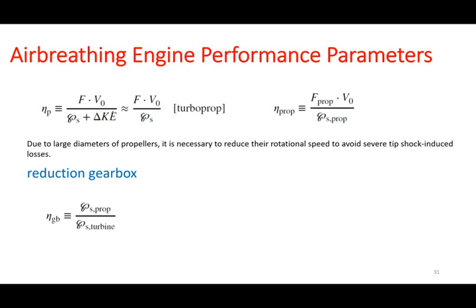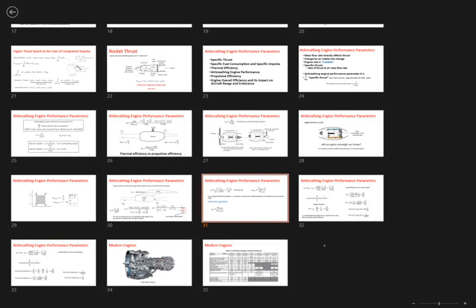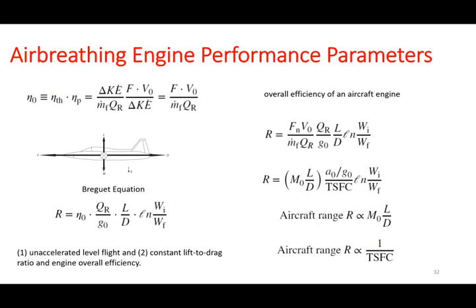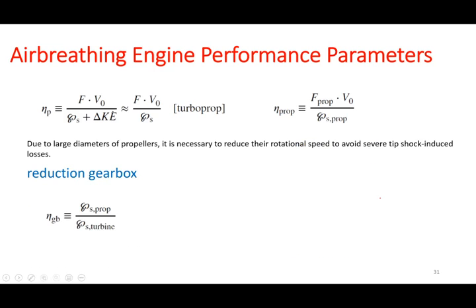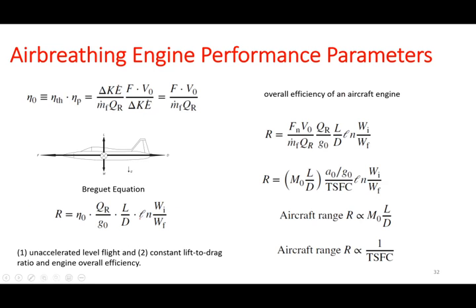Okay. But just calculating each component's efficiency is not going to help us. We want to be able to calculate the final efficiency of the system, the final jet engine efficiency. To do so, you simply have to multiply all of the efficiencies you have.